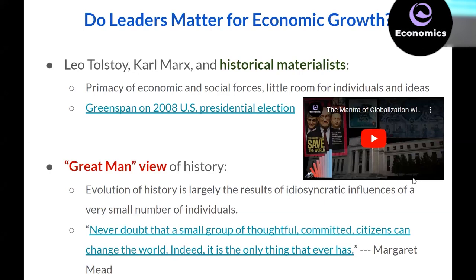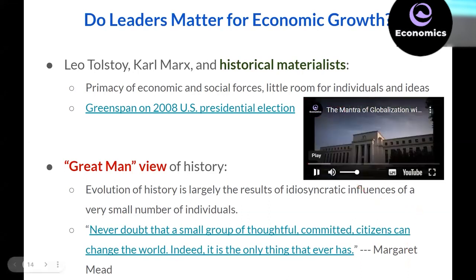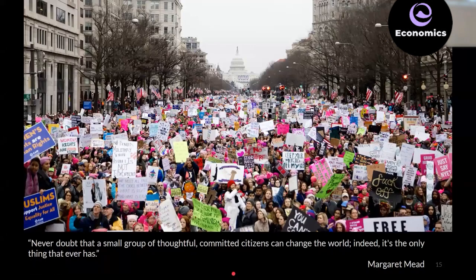Based on this view, another great woman captured this idea with a nice quote. This is Margaret Mead, the anthropologist. Basically she said, "I never doubt that a small group of thoughtful, committed citizens can change the world.